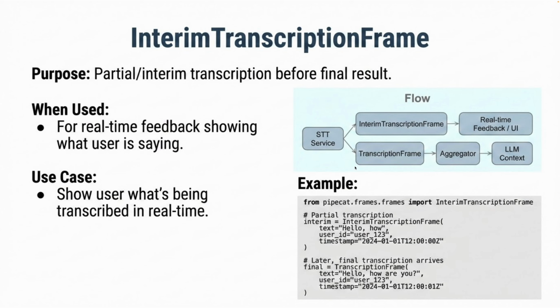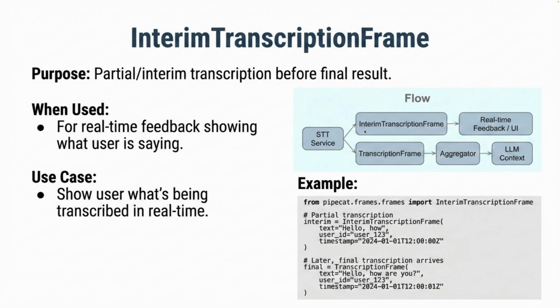Next, we have interim transcript frame. So generally, when the transcription is being done, sometimes we want to show a few things on the UI of what the user is speaking. So we create an interim transcription frame, where before sending the final result to the LLM, if you want some interim transcription to be shown on the UI, then we can have this frame to give feedback to the user about what the user is saying and what our STT service is capturing.